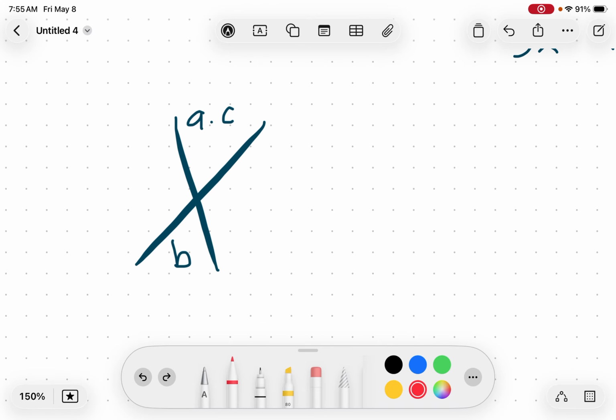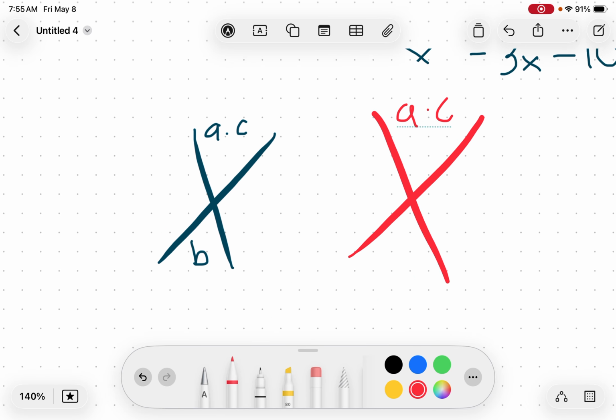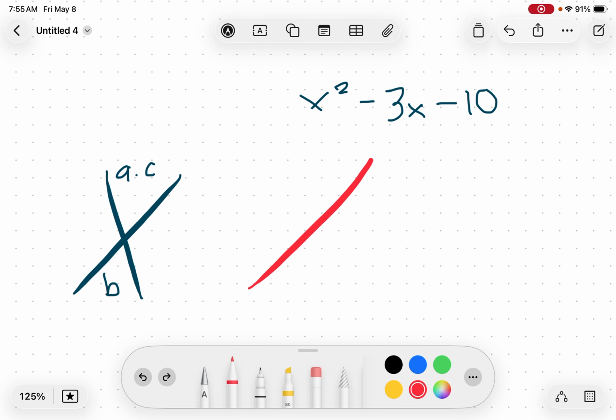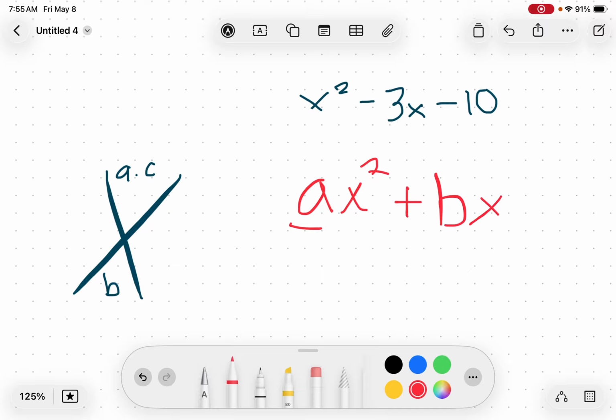So what you want to do is first draw this X. And what goes in this X is you're going to do the A multiplied by the C. A and C are going to be these first terms. So you're going to have A as the first coefficient, then you have something squared, and then you'll have subtract or plus B with just an x, and then C as the last one.